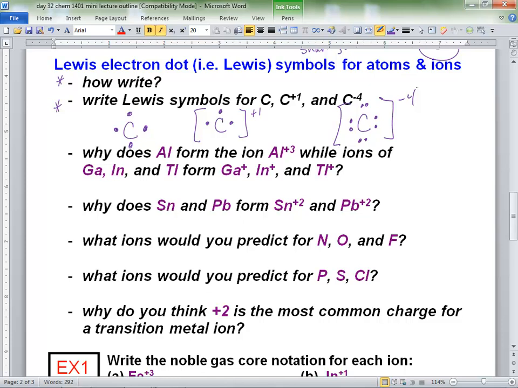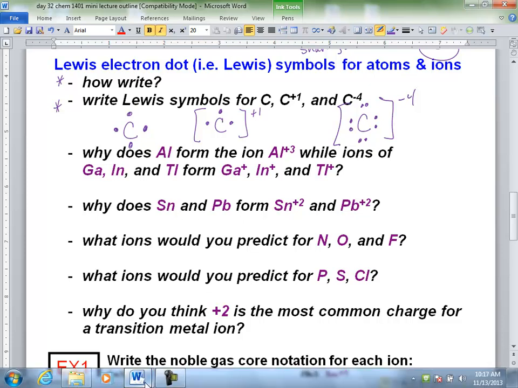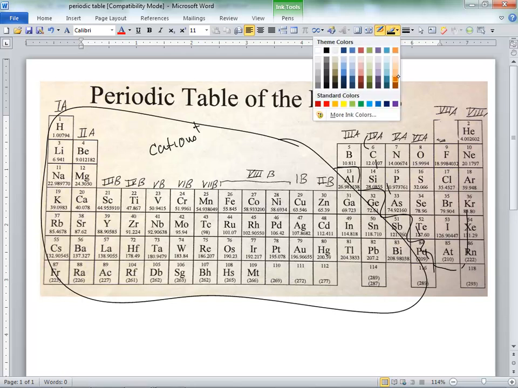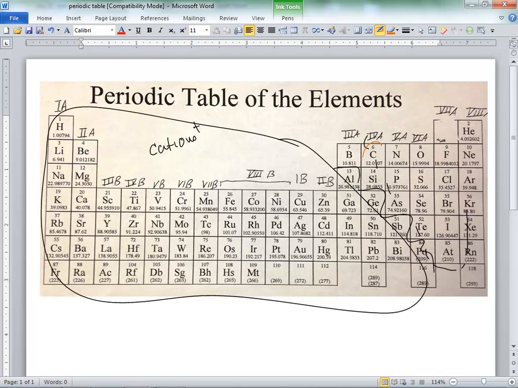Alejandro, way back when we were naming compounds and we did these little tricks, we said that carbon always forms what ion? All right, how do we do this? Here's carbon. It always formed what ion?